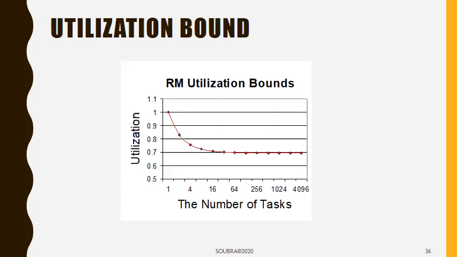We good? Right? And this is a visual way to see what I explained earlier. You can see the number of tasks getting higher and higher, and the utilization bound goes lower with it, and we're good.